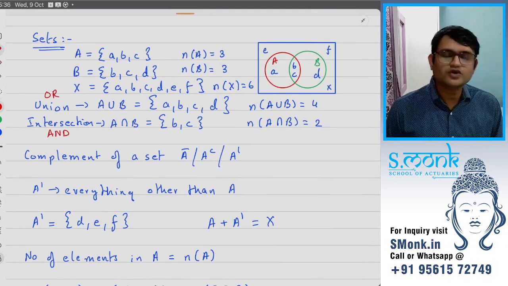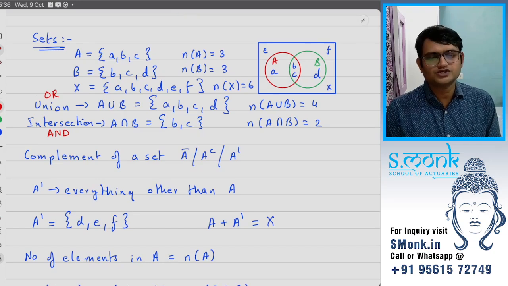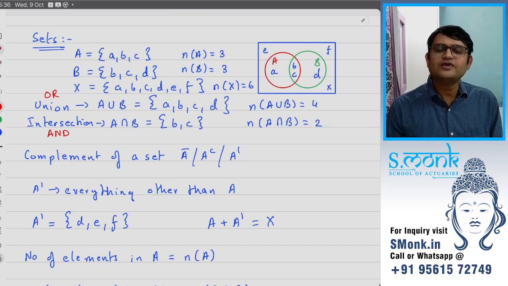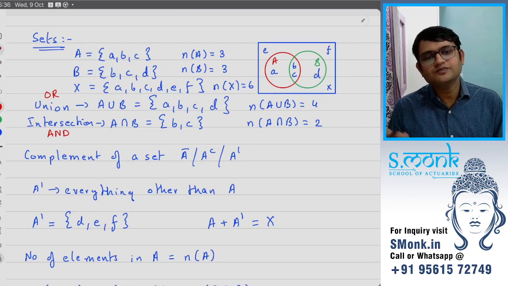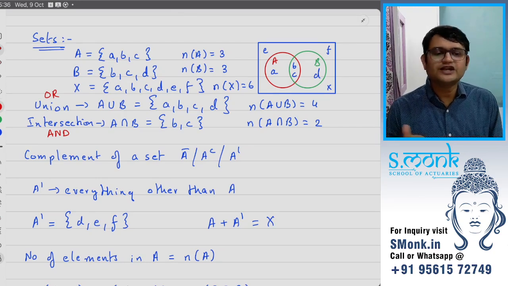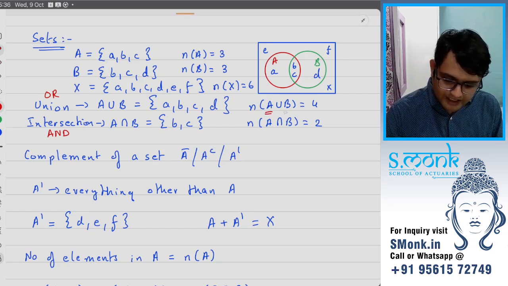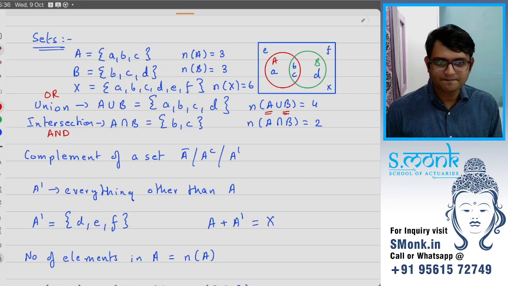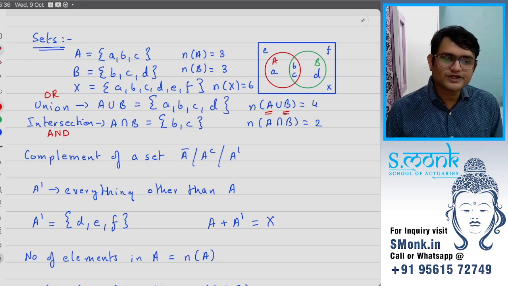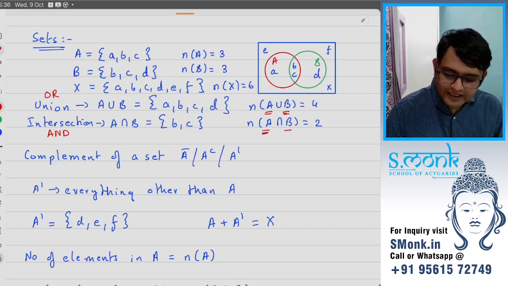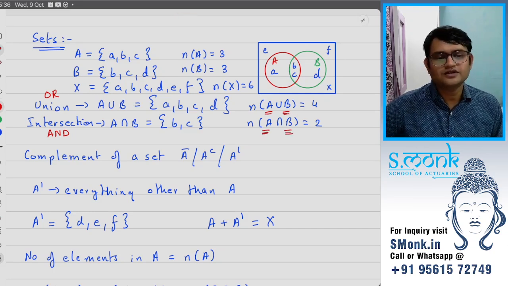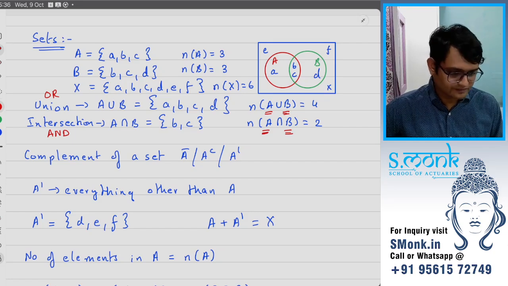Whenever I say an element is in A or in B, that represents the union, because it is either in A or in B. Similarly, whenever we talk about intersection, we usually use the word and. We'll say an element is in A and in B. That tells us that it is in the intersection of A and B.